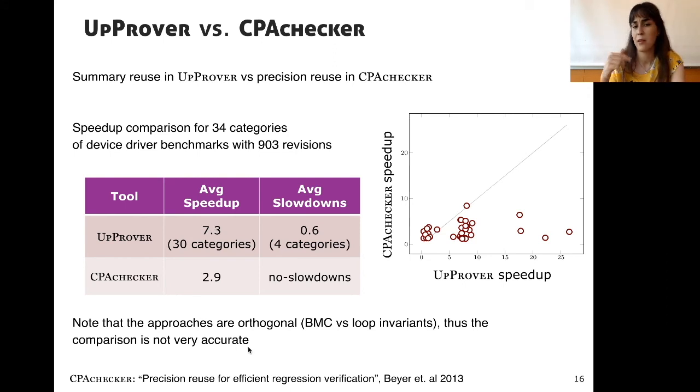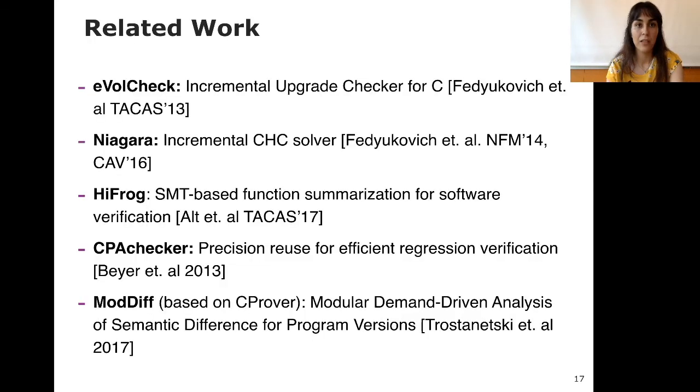But here I must add a disclaimer that this sort of experimentation might not be precise because the tools are quite different: Approver is a bounded model checker, while CPAchecker is unbounded and works with loop invariants. On related work, EvolCheck is a predecessor of Approver, and there are also some nice incremental verifiers in the community, but they are all different from Approver.